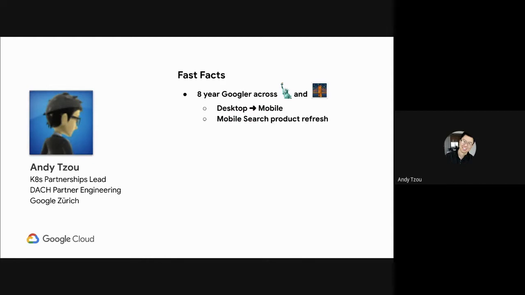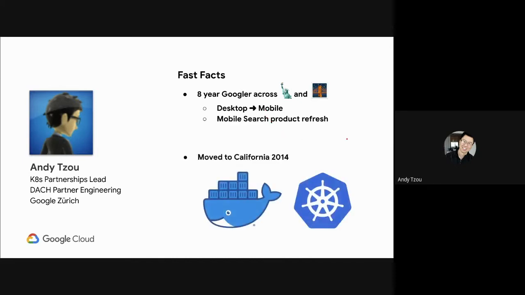Everything was very desktop focused before, right? All of their SDKs, all of the ways advertisers integrated with Google was very desktop first, right? So changing the entire tooling to be mobile first is what I focused on. Fast forward to 2014, this happened, causing me to move to California, and we're here.